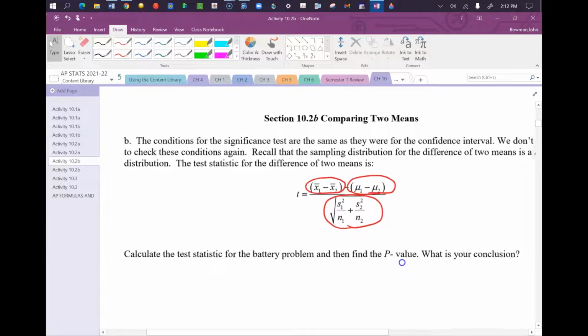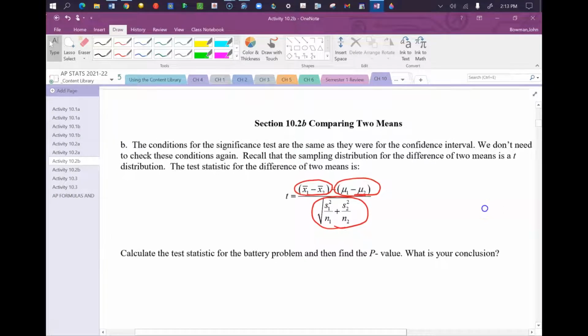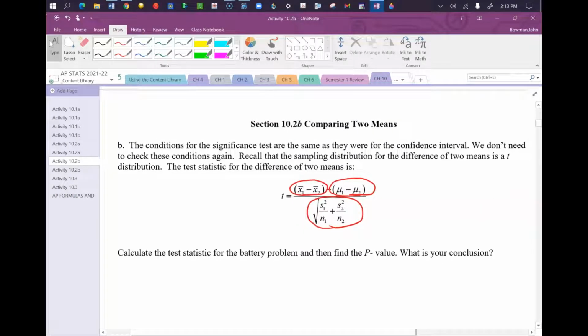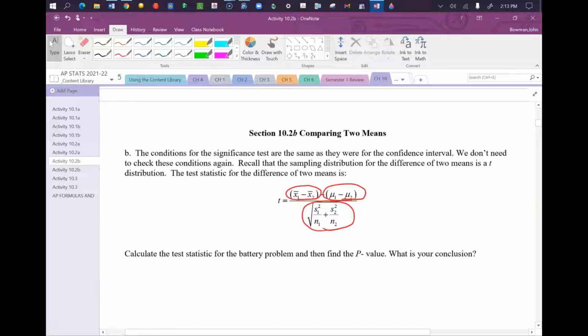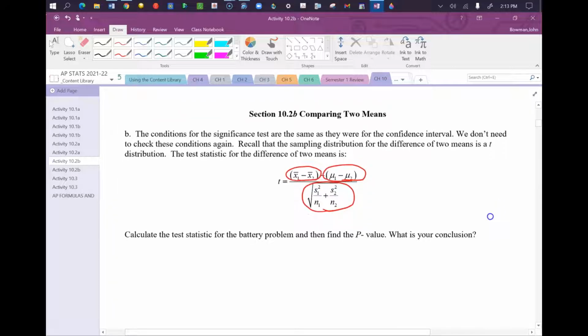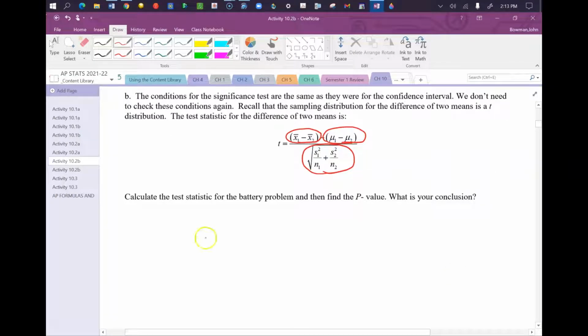You will notice that the standard error is the same one we used in the confidence interval for the difference of means, and the conditions are also the same conditions that we checked there. Since we used the same scenario and the same data, we're not going to repeat that here. So we'll go ahead and calculate this test statistic.